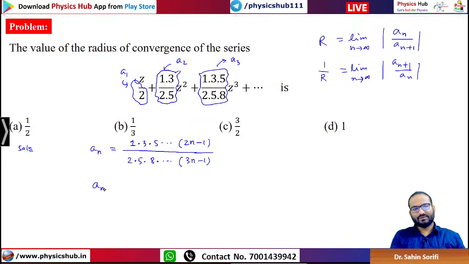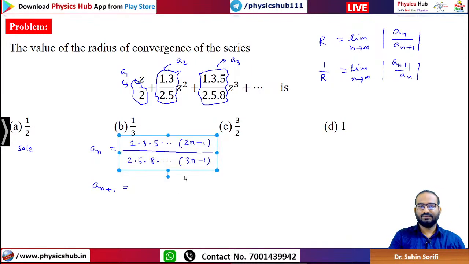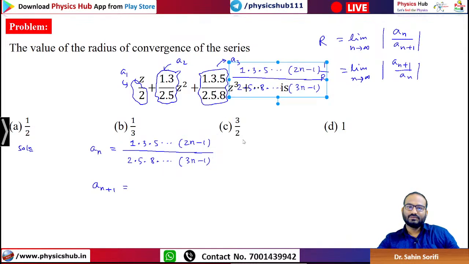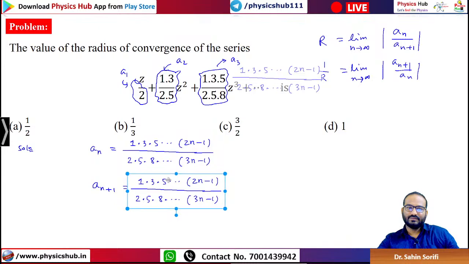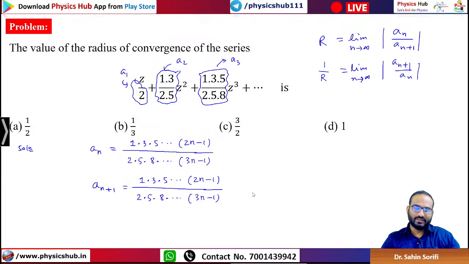So what will be a_(n+1)? Means you have to take one term extra, right? So this is up to a_n, and the next term we can easily write. Can you write or not?